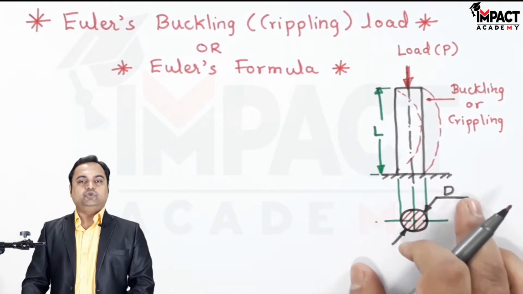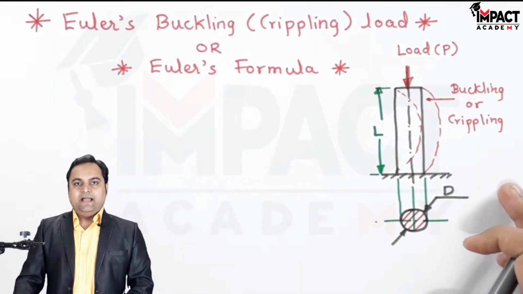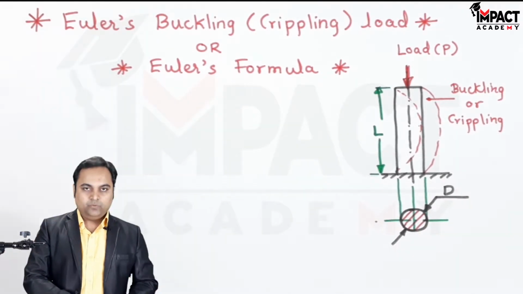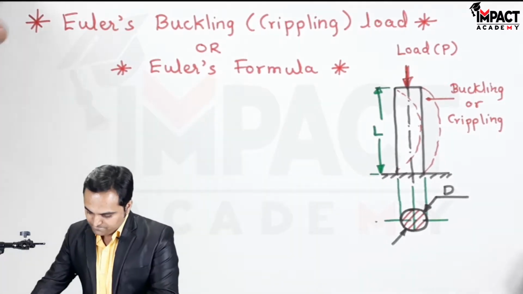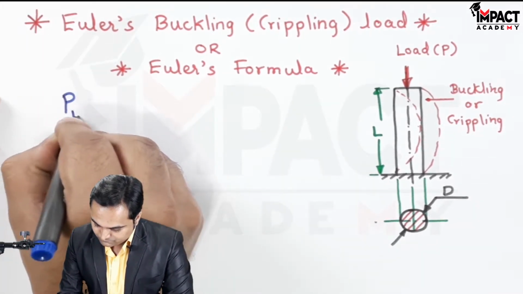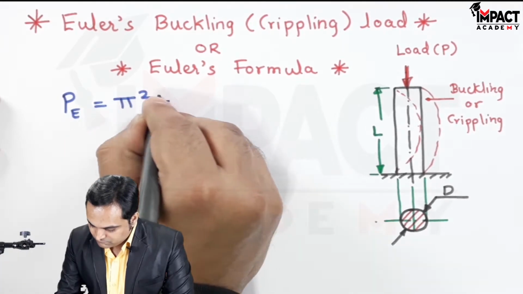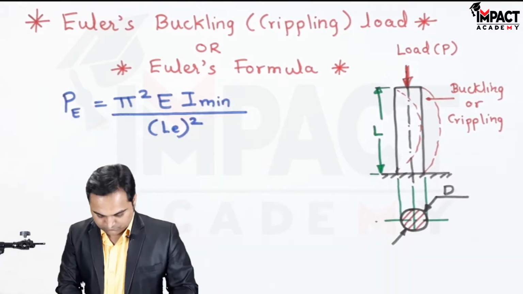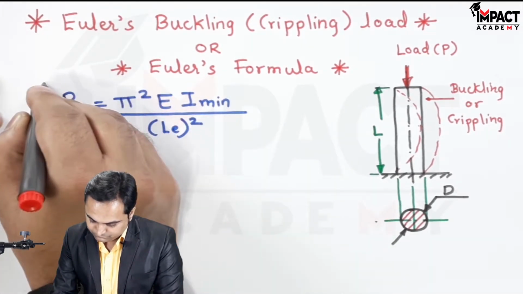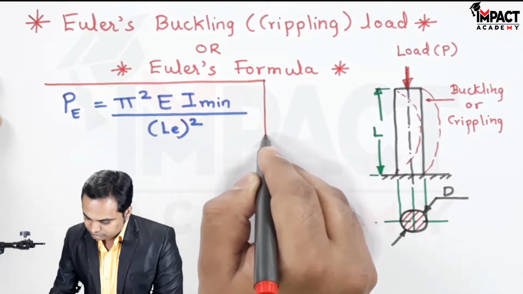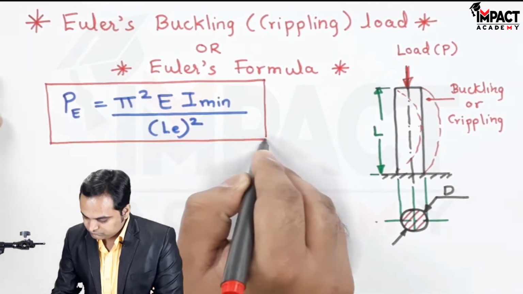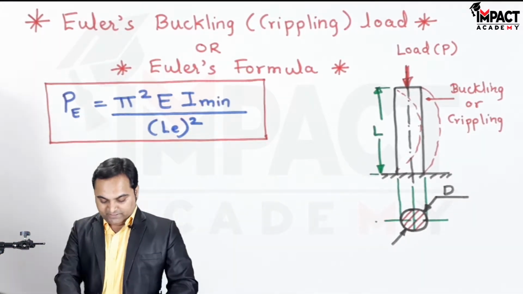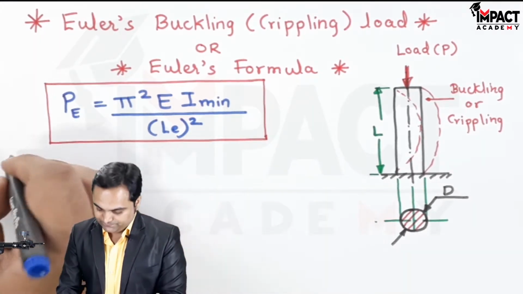And this condition should not be there in a column, and to find this buckling or crippling load we use the Euler's formula, which is given by, so this is the Euler's formula. I'll explain all the terms which are used over here.